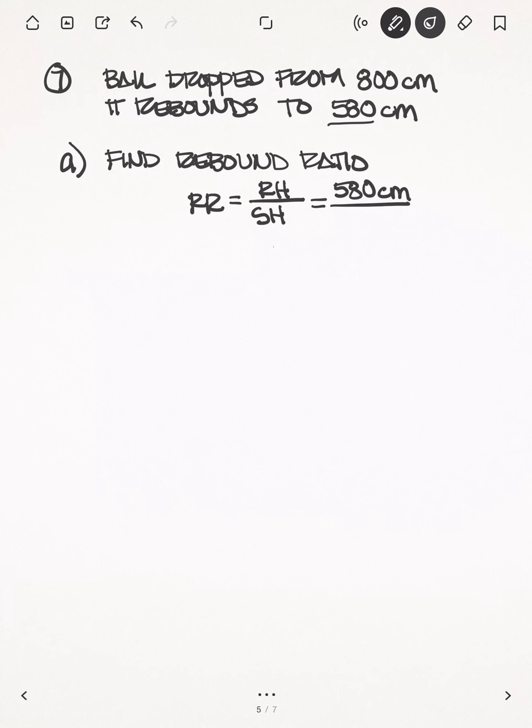On the bottom, my starting height, I started at 800 centimeters. Now remember, when I divide those, my centimeters cancel out, so I don't have any units on my rebound ratio. On my calculator, you plug in 580 and you divide it by 800, and you're going to get a decimal. Our decimal in this case turns out to be 0.725. That is my rebound ratio for this situation.